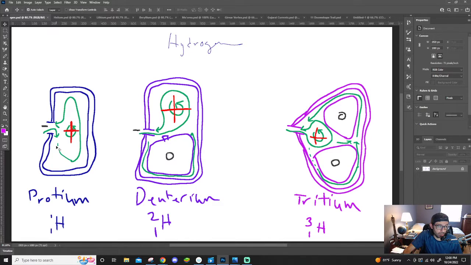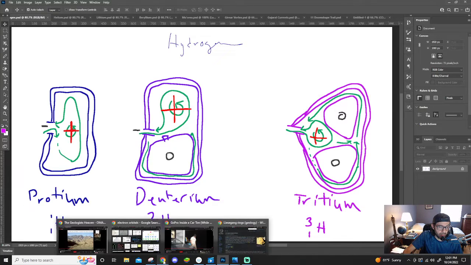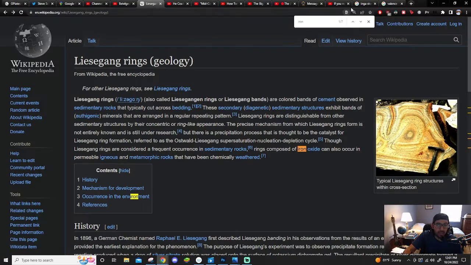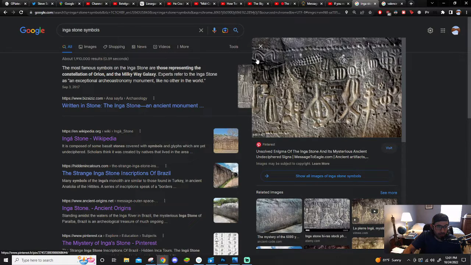Out of a channel comes hydrogen by ballooning, by a current filling the channel, a single channel. Maybe that's what that represented, because I was kind of looking at that. This Inga stone here, it bends around the end, so it's almost like an inlet and an outlet in a single channel.